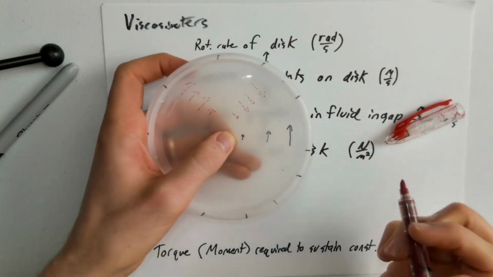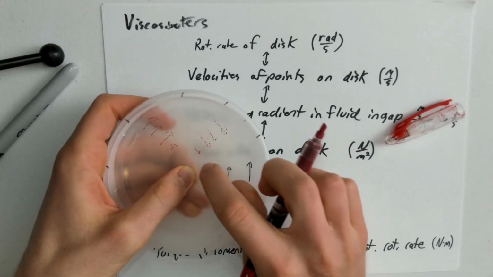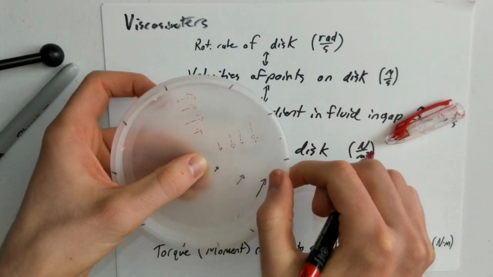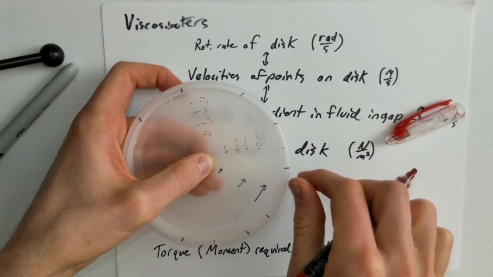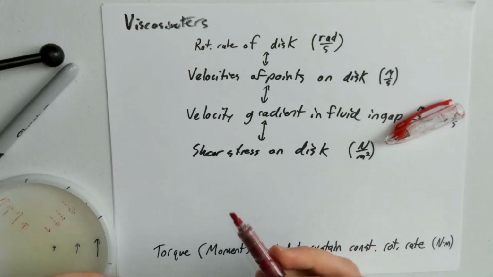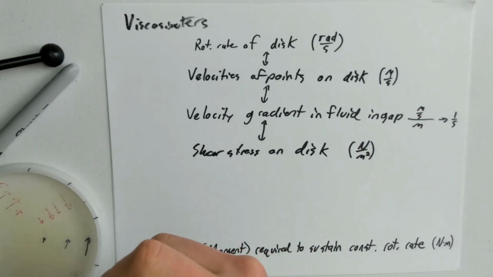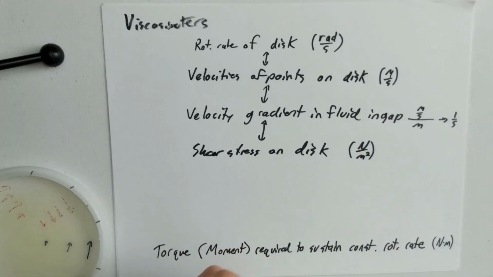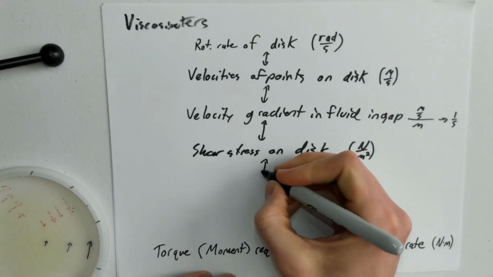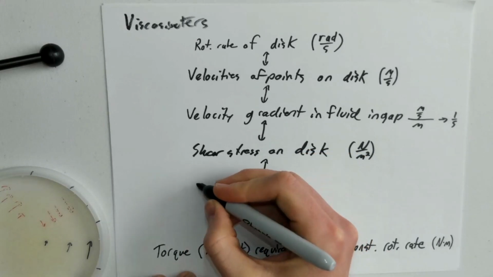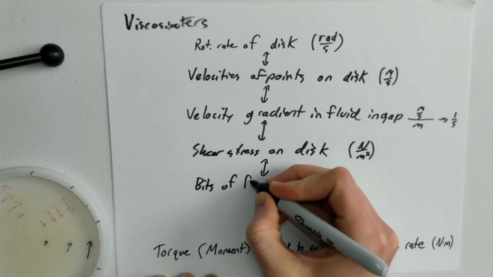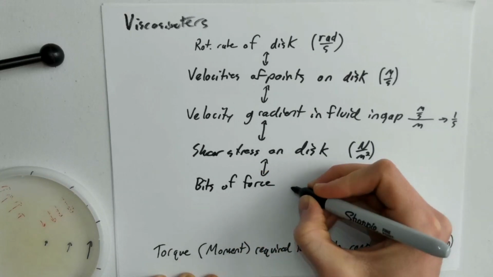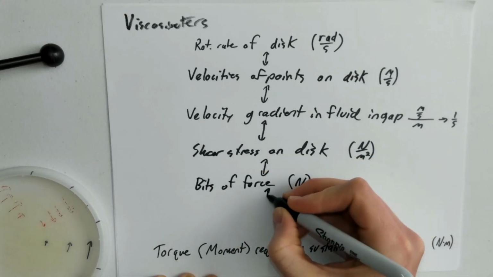So all this shear stress is going to act on little bits of area of this disk, and it's going to result in little bits of force being applied to this disk. So shear stress is going to result in bits of force, which of course has units of newtons.